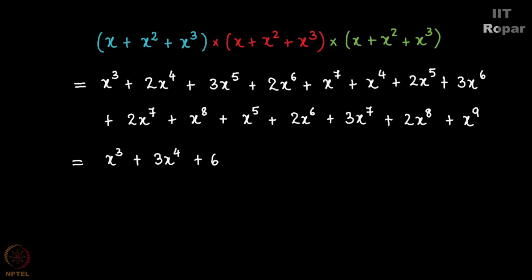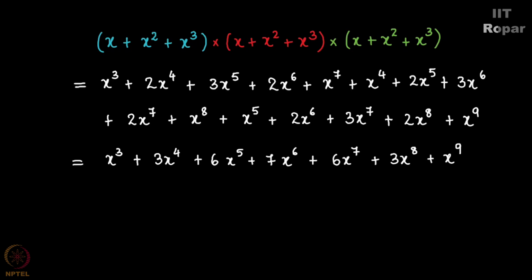So once we expand, we get this. But we can further simplify it. So the simplified version would look something like this. x cube plus 3x to the 4 plus 6x to the 5 plus 7x to the 6 plus 6x to the 7 plus 3x to the 8 plus x to the 9.